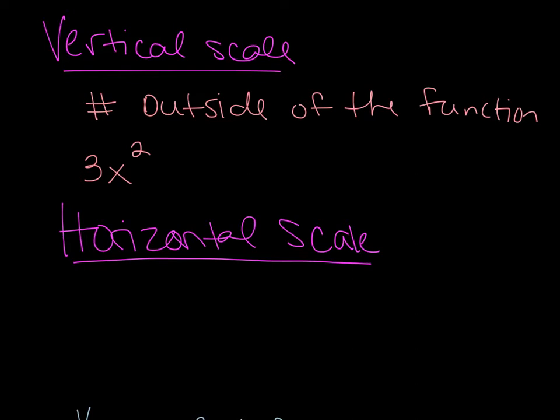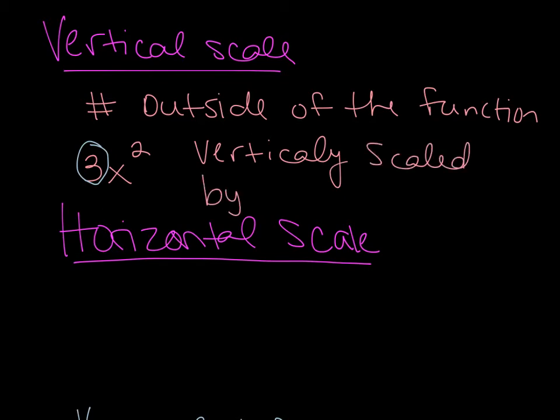So 3x squared, the number on the outside of the function is 3. So that means that this is going to be vertical scaled by a factor of 3. And what that means is that every y value is being multiplied by 3.